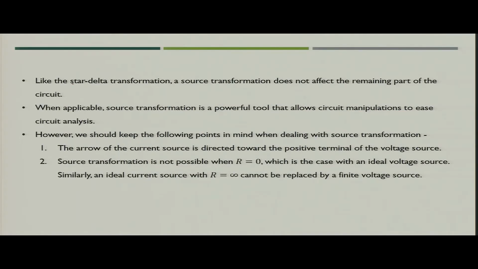So, like in star delta transformation, the source transformation does not affect the remaining part of the circuit.